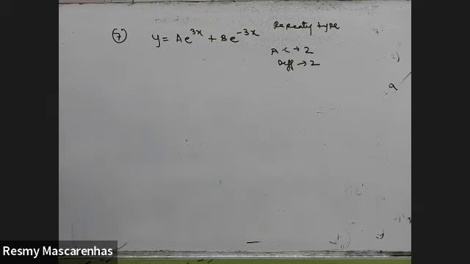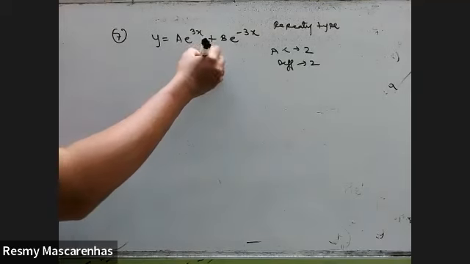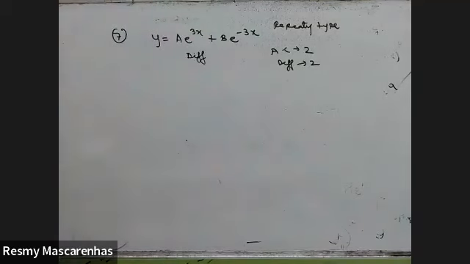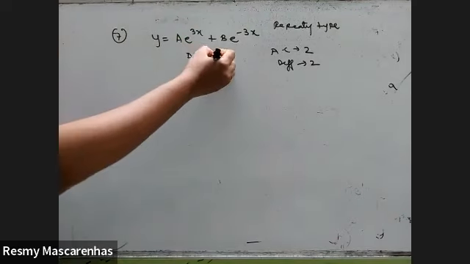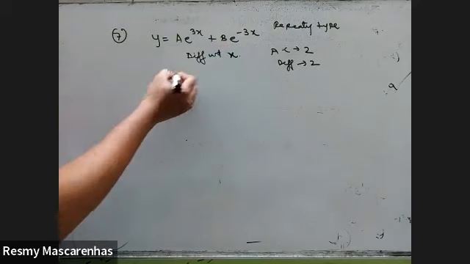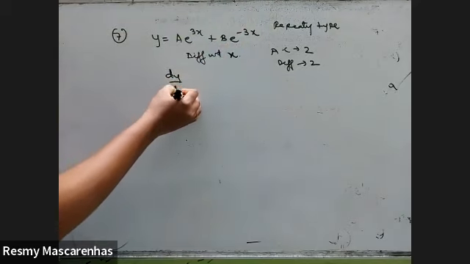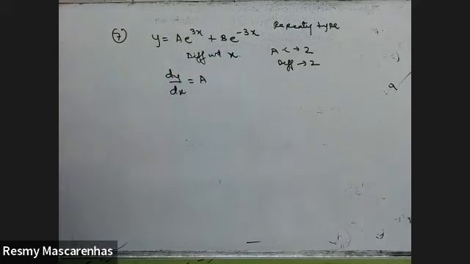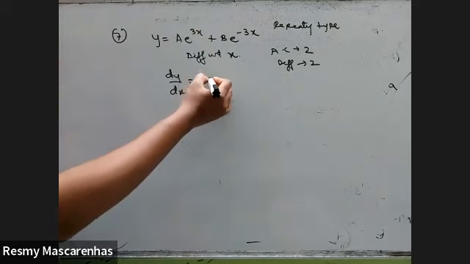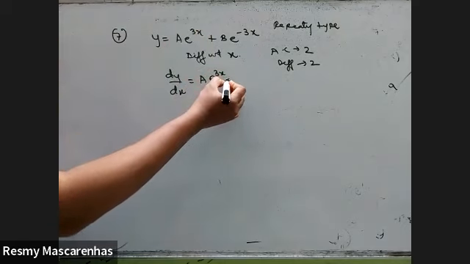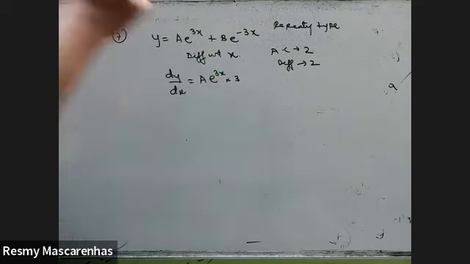Now we'll differentiate this. This will be dy by dx. The derivative of e raised to 3x is e raised to 3x into 3, because the coefficient of x is 3.